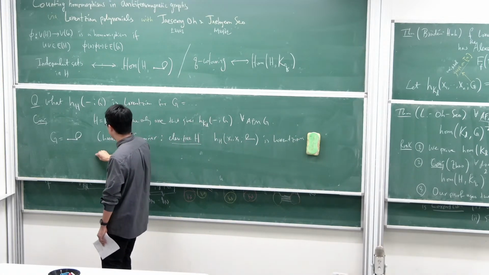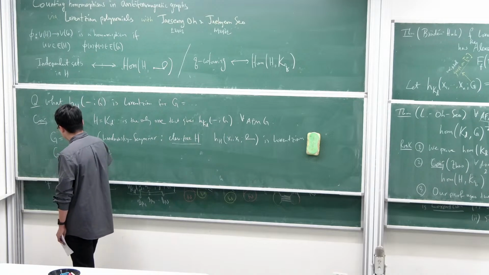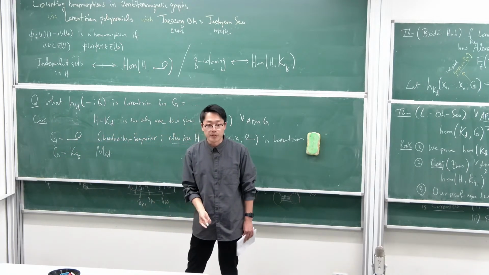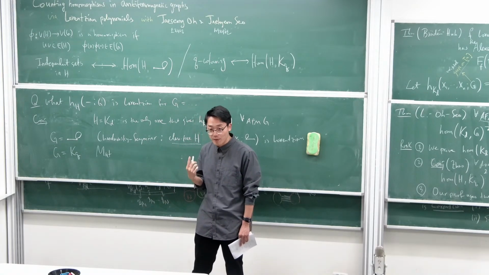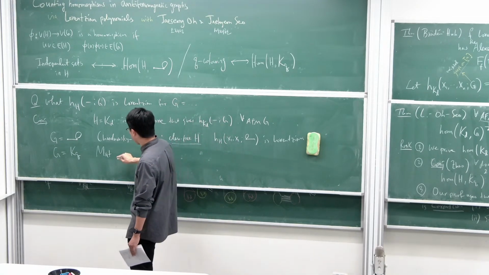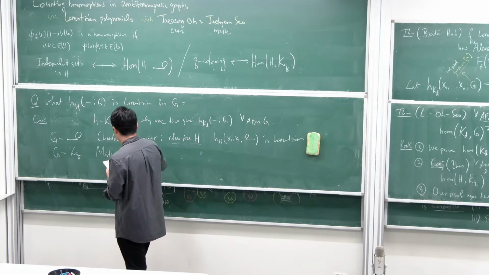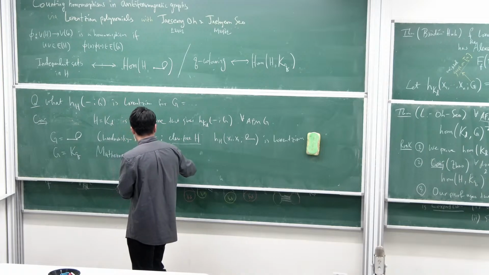And there's another result. When G is KQ, then it corresponds to the chromatic symmetric polynomial. So you are basically asking when the chromatic symmetric polynomial is Lorentzian. Then what you have is the result by Hamaker, Morales, and Sellover.